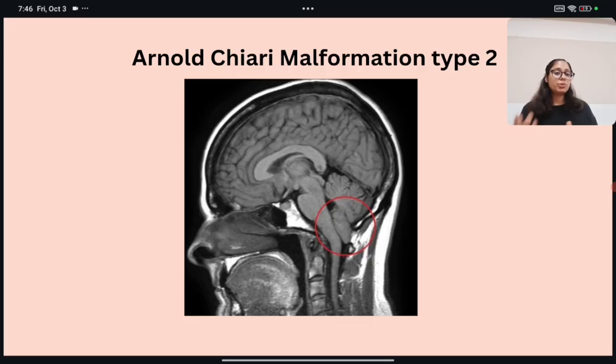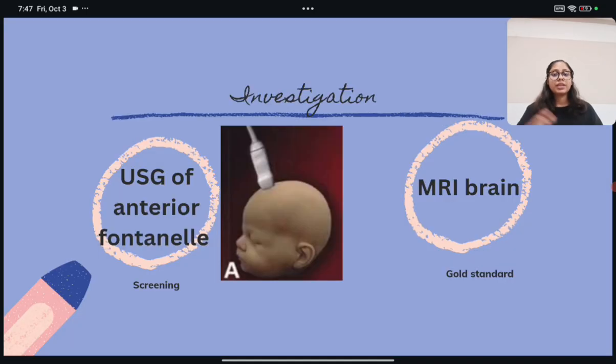In type 1, usually it does not lead to hydrocephalus, but type 2 can. The cerebellum has the vermis and the tonsils, right? If they get herniated, it can lead to closing of the foramen, and hence the CSF is going to accumulate in the upper region, and it can lead to hydrocephalus.